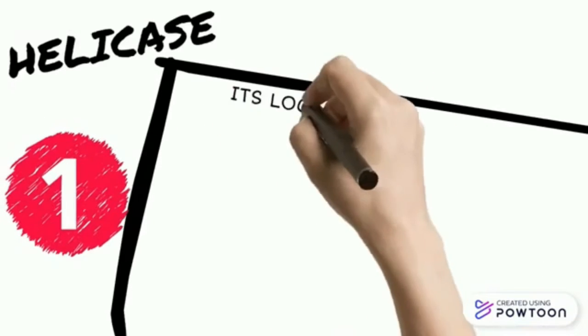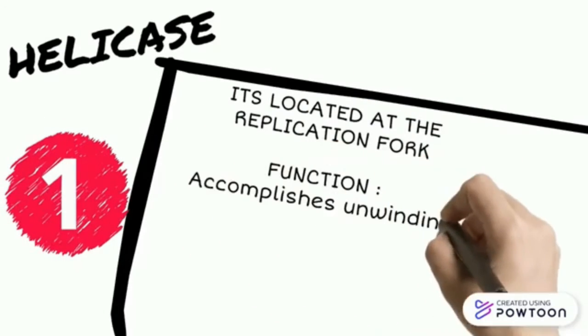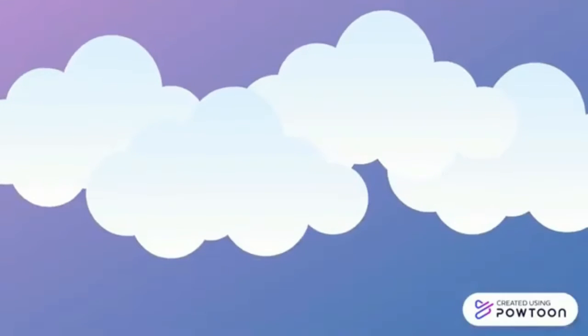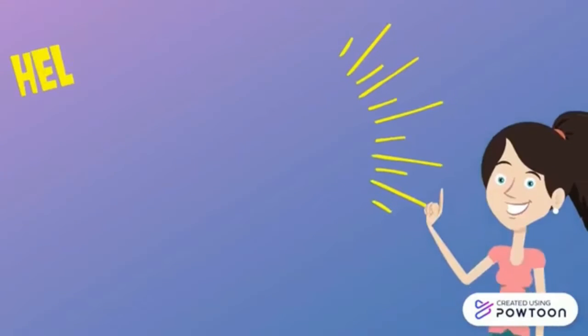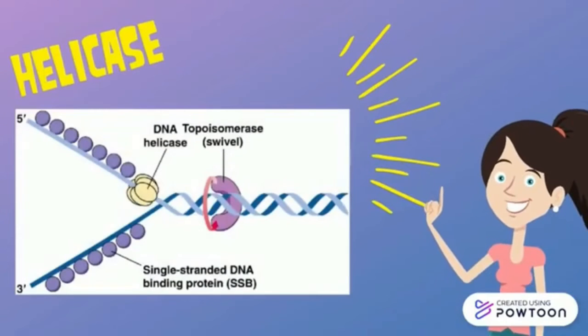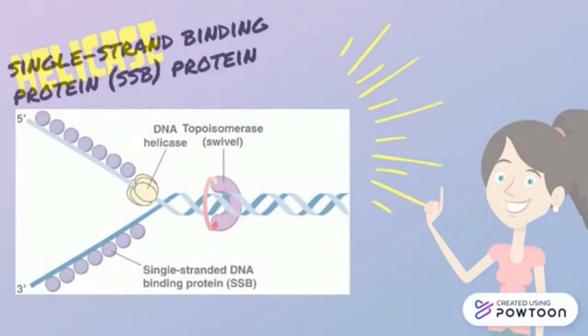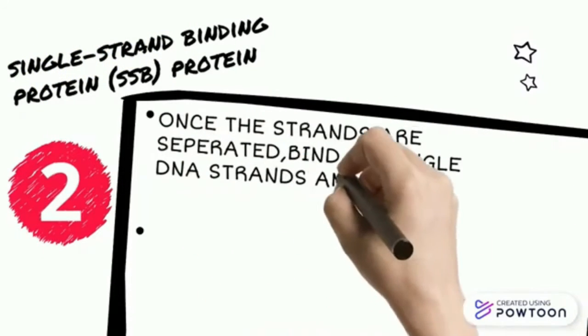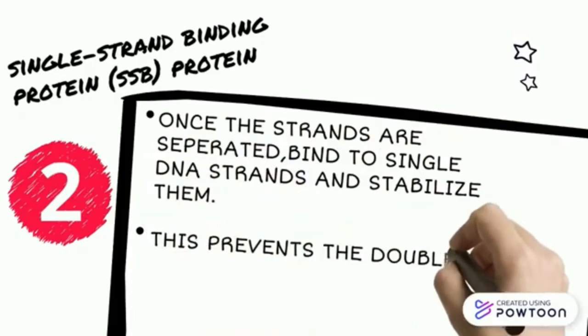First is helicase. And this is the structure of helicase. Second is single strand binding protein, SSB protein.